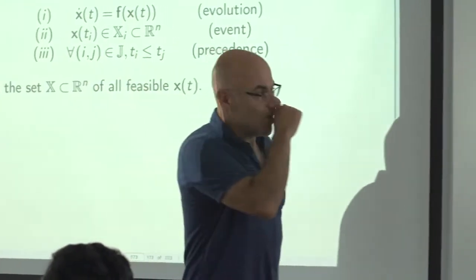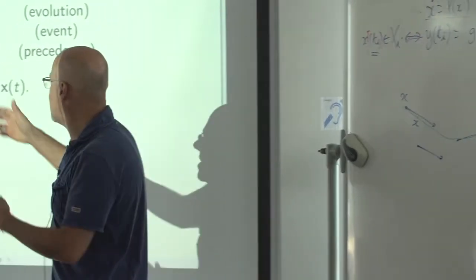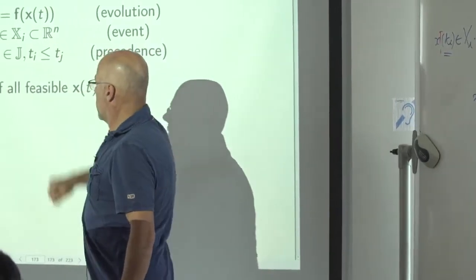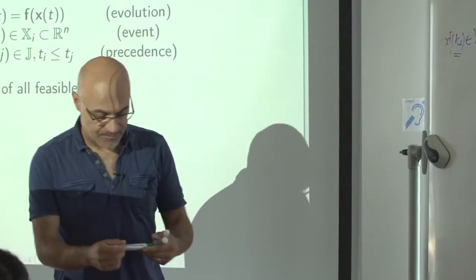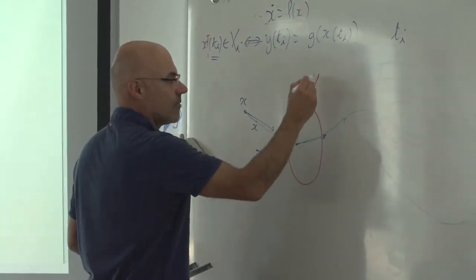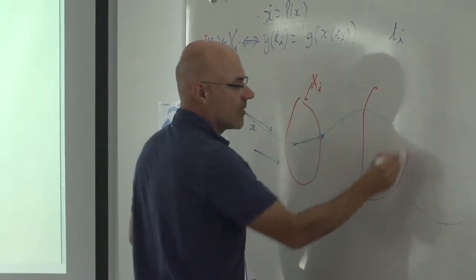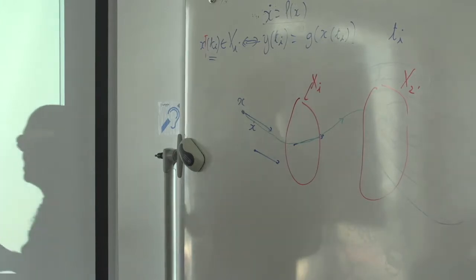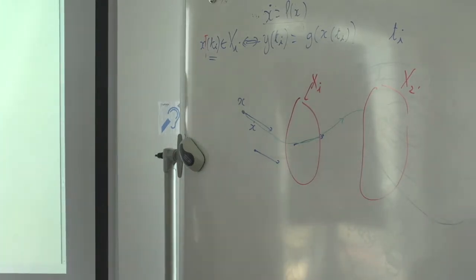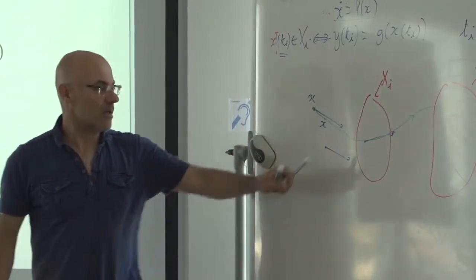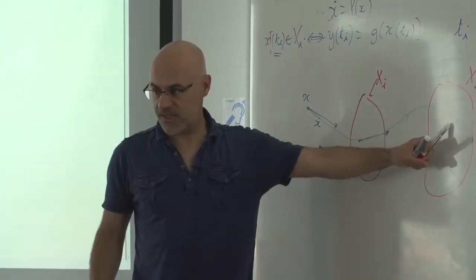So what is an Eulerian state estimation? You don't see the time anymore. You have a differential equation, and you have some sets. For instance, a set x1. You have a set x2. And you know that for some ti, but you don't care about ti, you have visited this one, then you have visited this one.